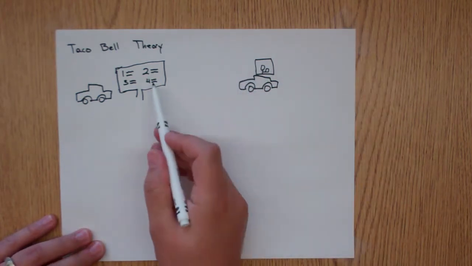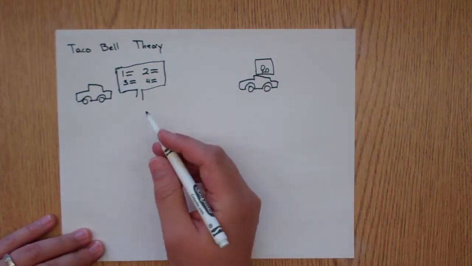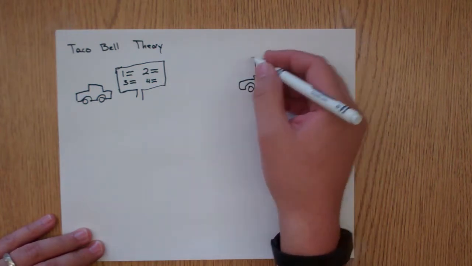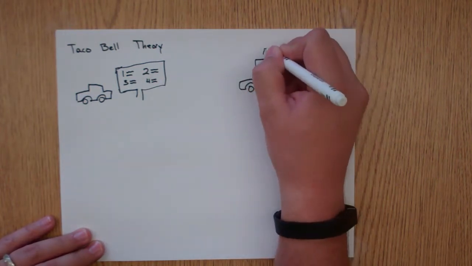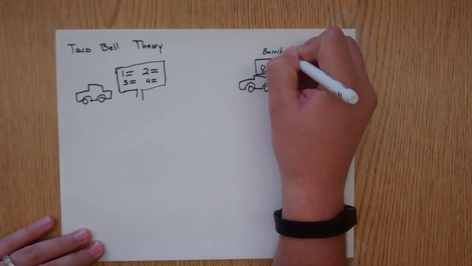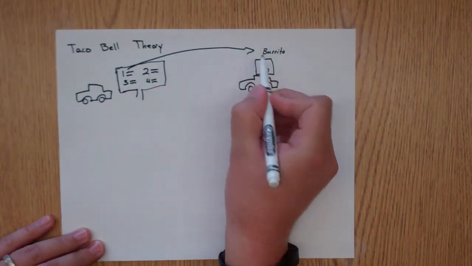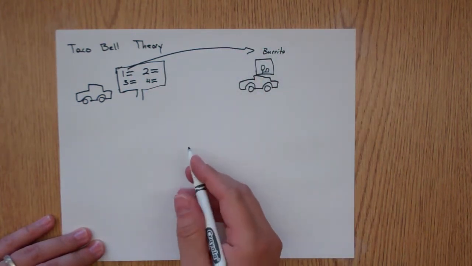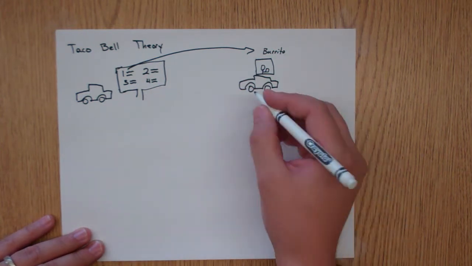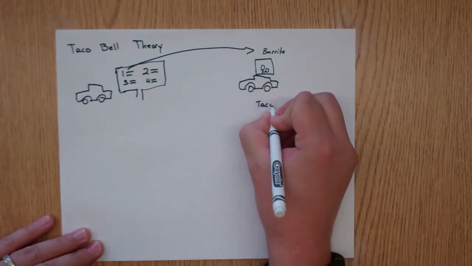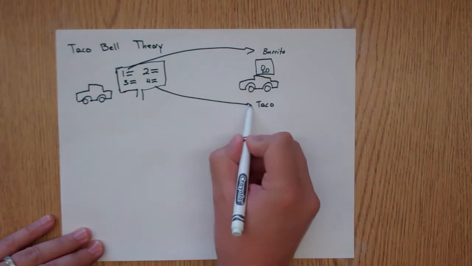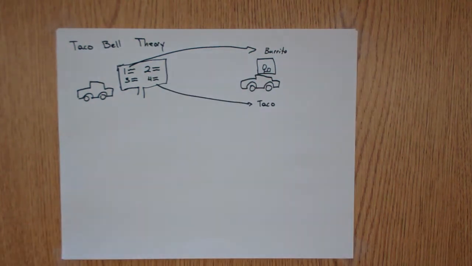So when you order, say you order a number 1. Well, the number 1 on the menu board, when you tell it to the cashier, say that means you want a burrito. So number 1 is mapped to burrito. Then say you've got a friend in the car and he wants just a taco. So he orders a combo 4. So now the cashier knows that you want a burrito and your friend wants a taco.